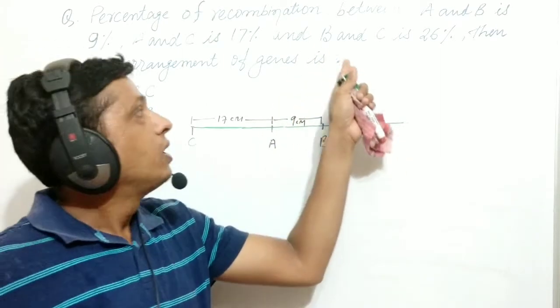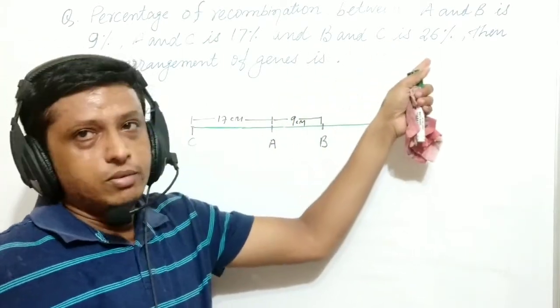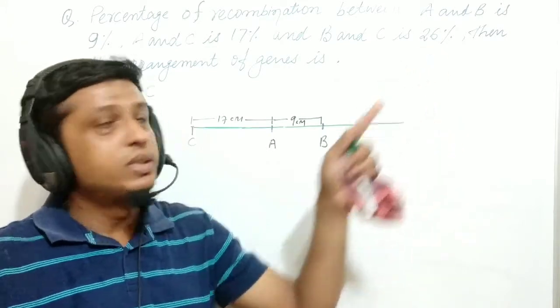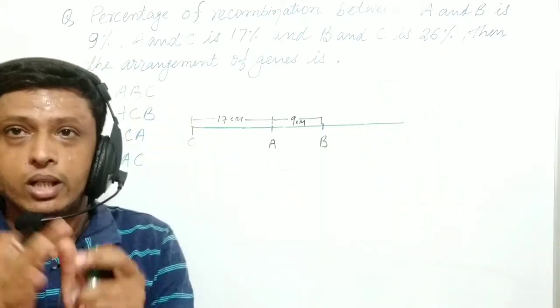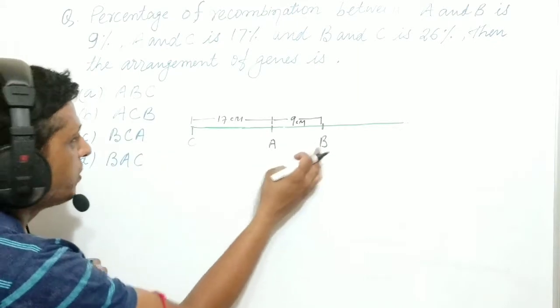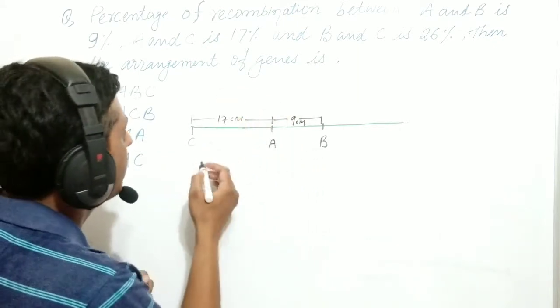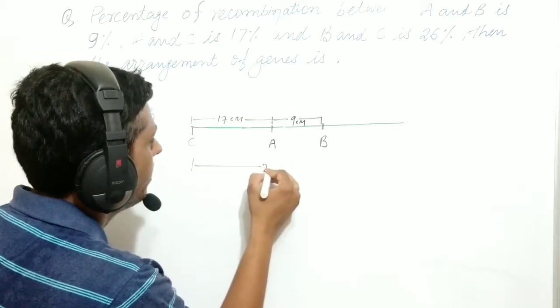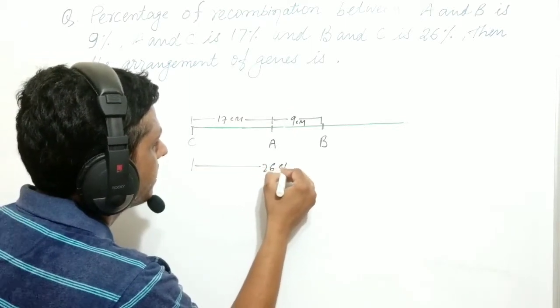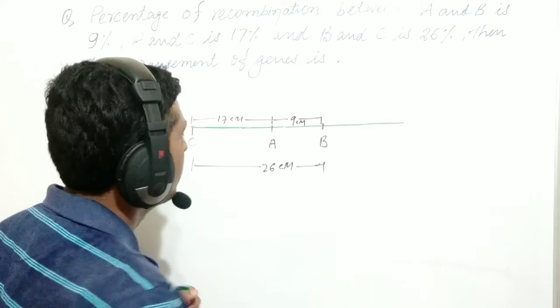Then you have B and C, where the frequency of recombination is 26, that means they are 26 map units apart. Now you see the distance between B and C is automatically 26, 17 plus 9, it is 26 centimorgan or 26 map units.